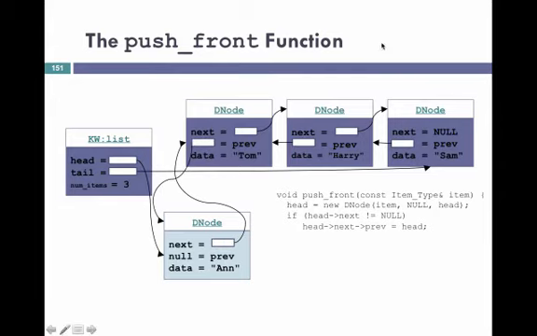So that updates Tom to point back to Ann. And finally, if tail equals null, that'll be true if we had an empty list when we push something to the front, then we'd say tail equals head. But in this case, nothing changes. And then we increment the number of items, which now goes to 4.